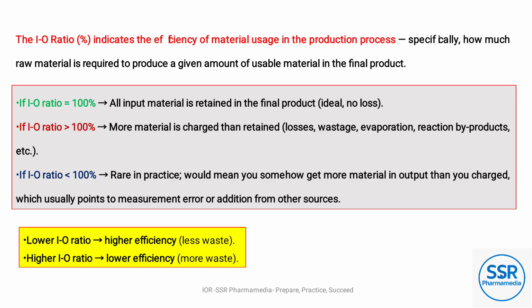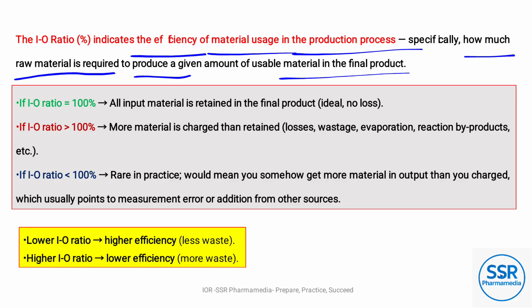Input output ratio percentage indicates the efficiency of material usage in the production process. Specifically, how much raw material is required to produce a given amount of usable material in the final product. See this tabular column.